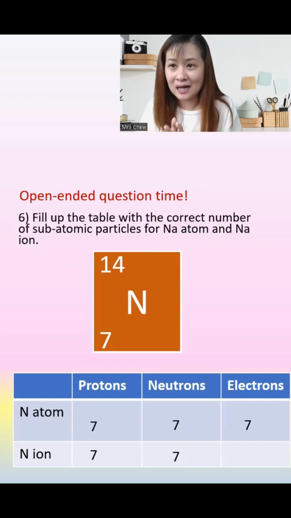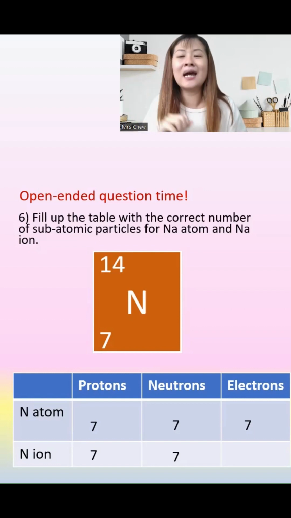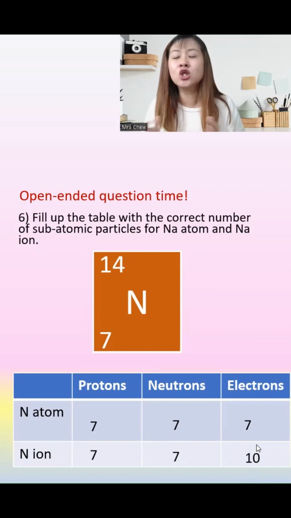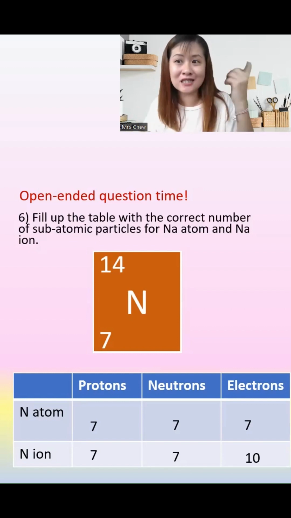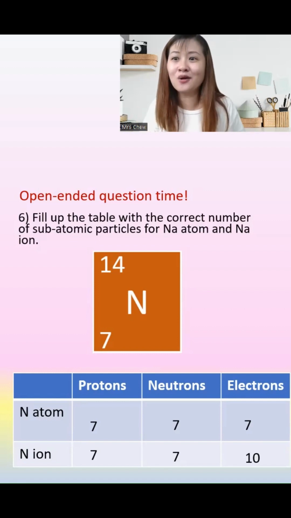So nitrogen will gain 3 electrons to form N3-. And after gaining 3 electrons, the number of electrons is 10. So it is possible for ions of different atoms to have the same number of electrons. Just now, the sodium ion also has 10 electrons. Now, the nitrogen ion also has 10 electrons.